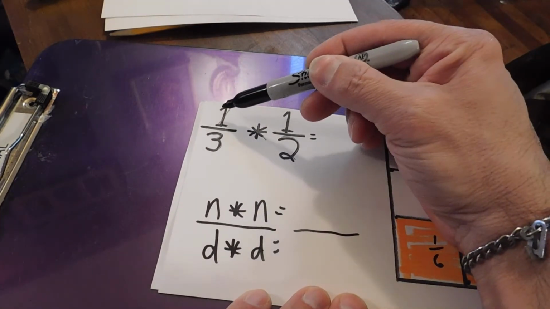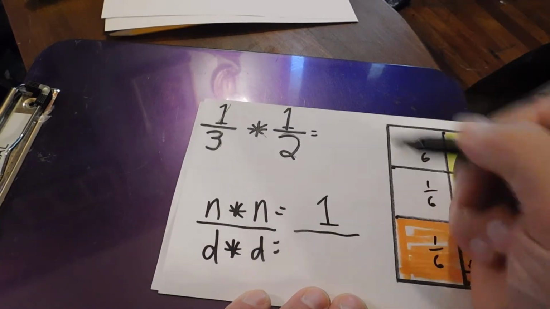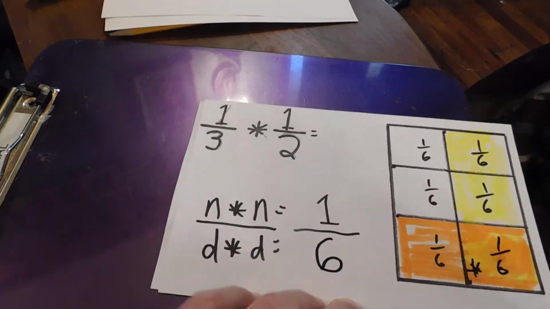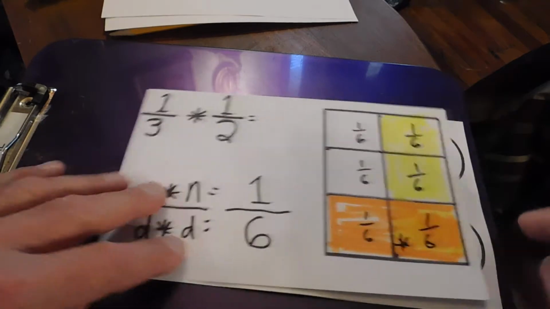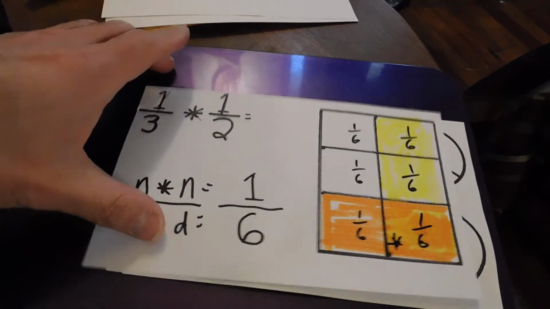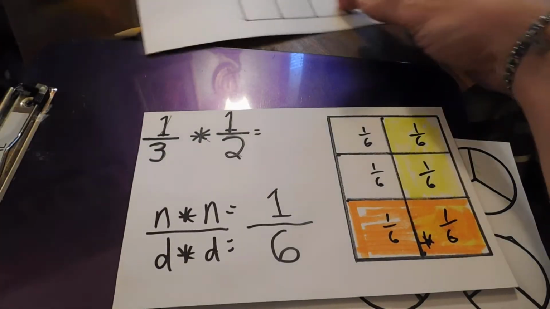So in our example, 1 multiplied by 1 equals 1, and 3 times 2 is 6. So this is how, and over here this is more of the why. The concept, if you will. Alright, so let's look at a second example.